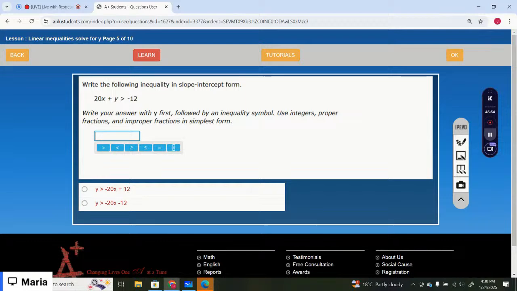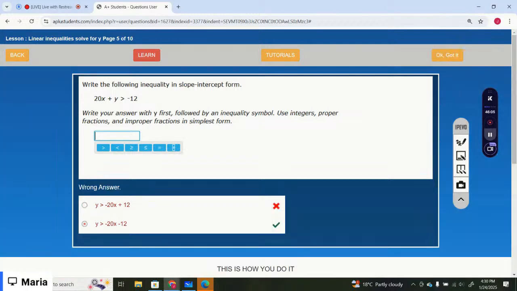That is y is greater than negative 20x plus 12. Option number 1 is the correct option.